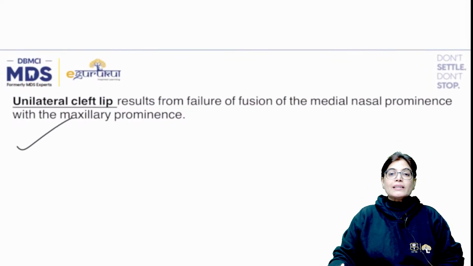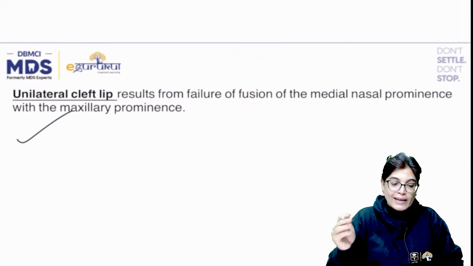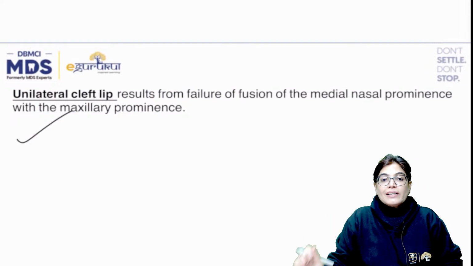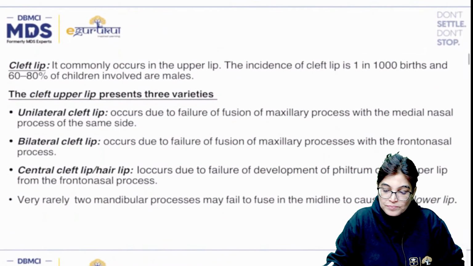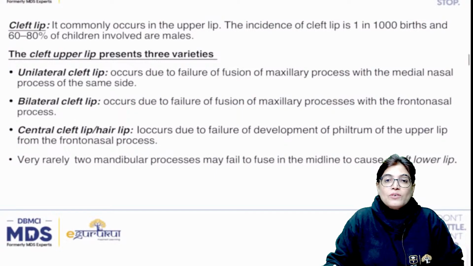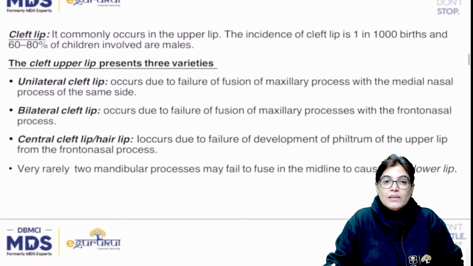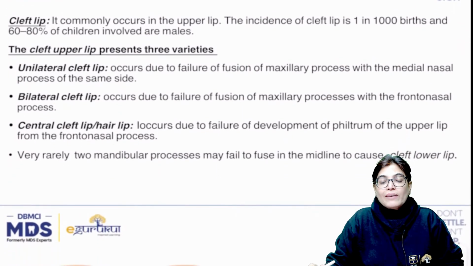In the case of unilateral cleft lip, it is the result of failure of fusion of the medial nasal process with the maxillary process. So quickly, I would like to recapitulate cleft lip. We know that cleft lip occurs in the upper lip and is a common condition seen in 1 in 1000 live births.